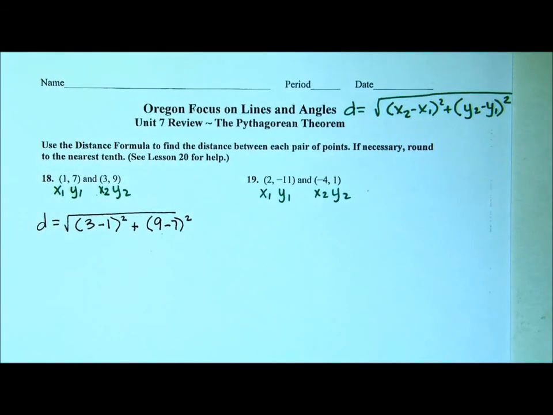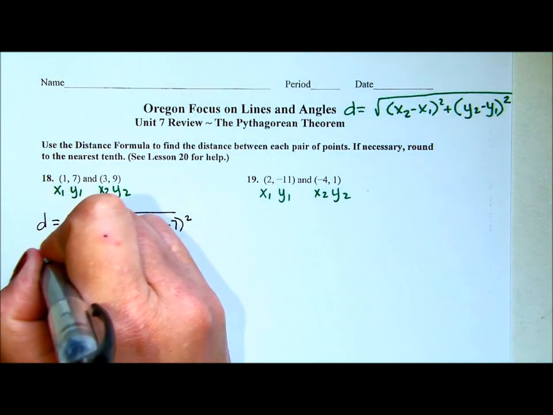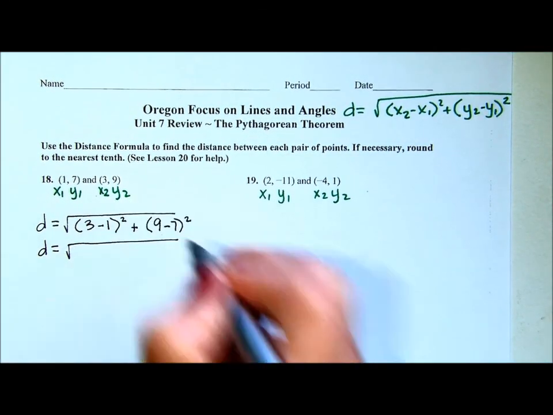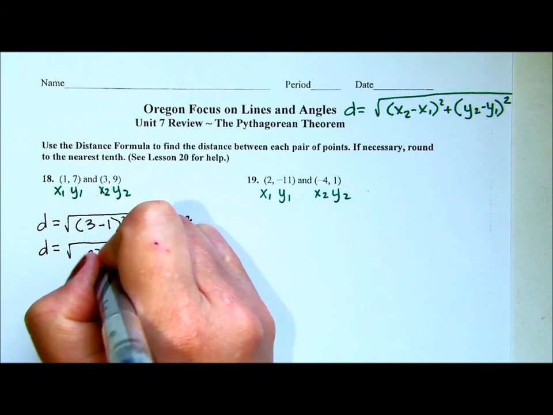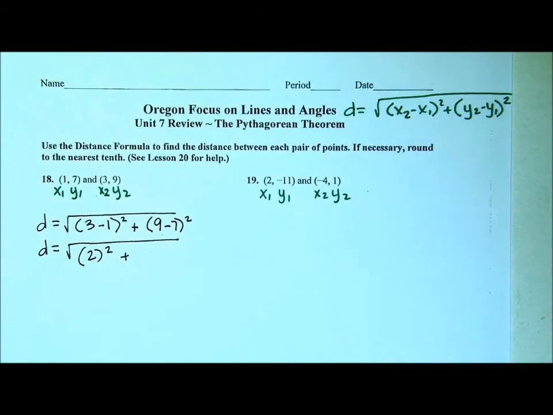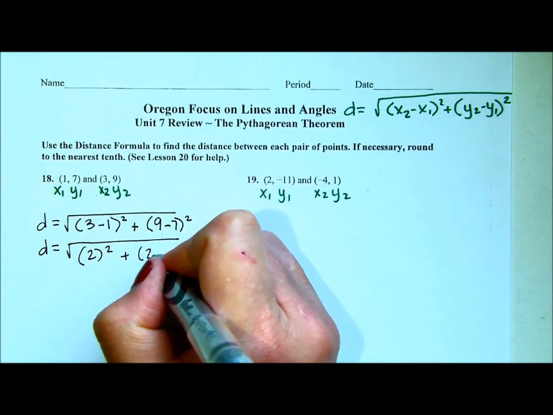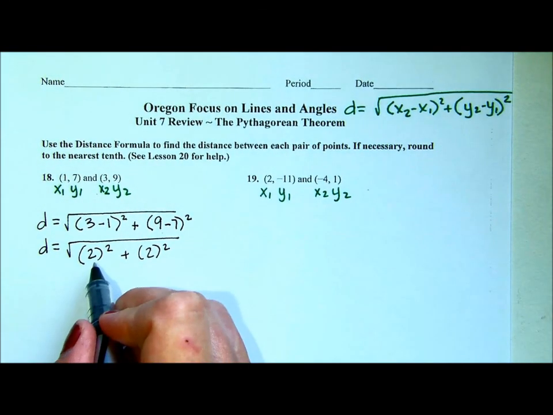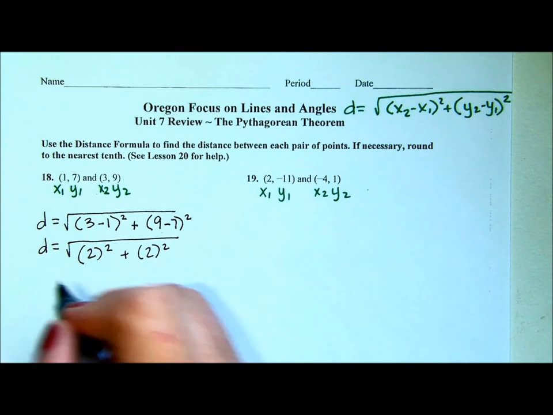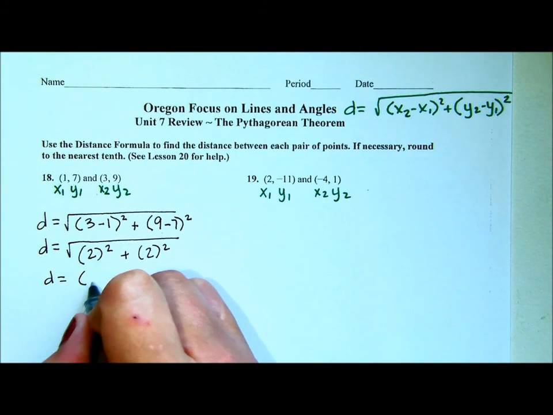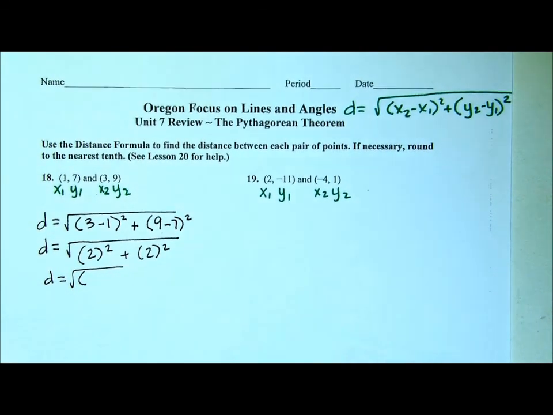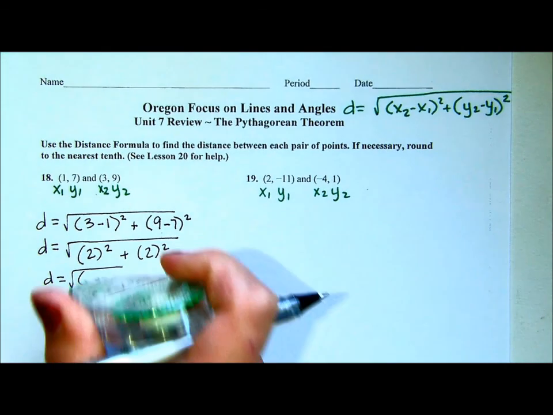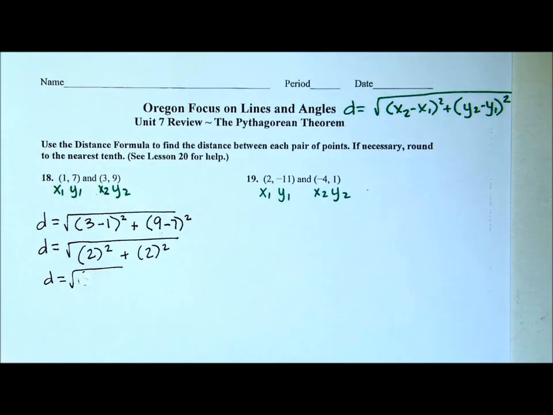Now, I have the distance is equal to the square root of 3 minus 1, which is 2, plus 9 minus 7, which is 2. Now, I'm going to find out what 2 in parentheses squared is. So I have d is equal to the square root of 4 plus 4, because 2 squared is 4.